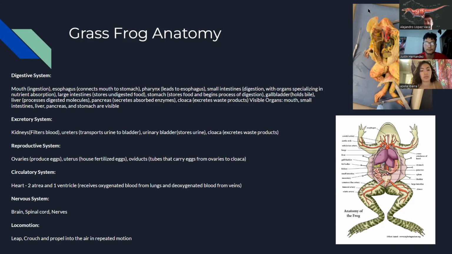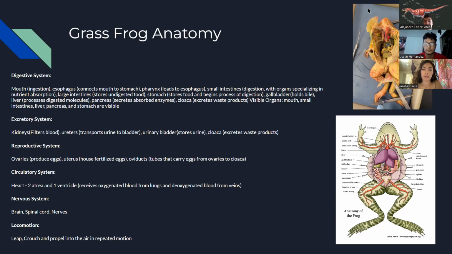The stomach also stores food for digestion and starts the process of breaking down the food with stomach acid. The gallbladder holds bile, which is a really important fluid in the body for digestion. The liver processes macromolecules and molecules in order to produce hormones and maintain homeostasis within the body.